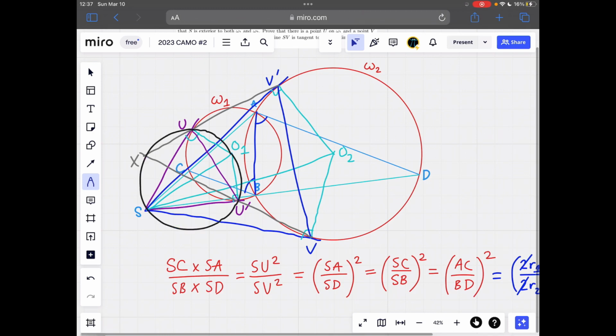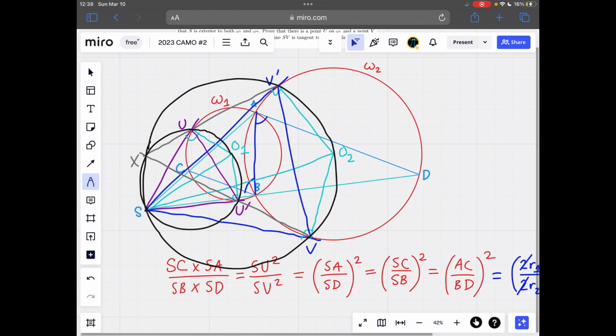And it's worth noting that those circles will both pass through the centers O1 and O2 because of the kite condition from earlier. Angle SUO1 equals angle SU prime O1 equals 90. So SO1 is the diameter of the circle. A similar condition applies to SO2. There we go. So we have the 2 circles.